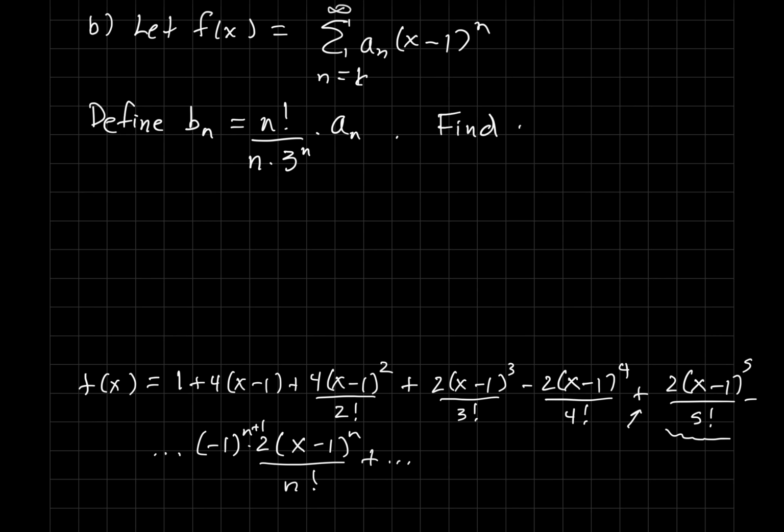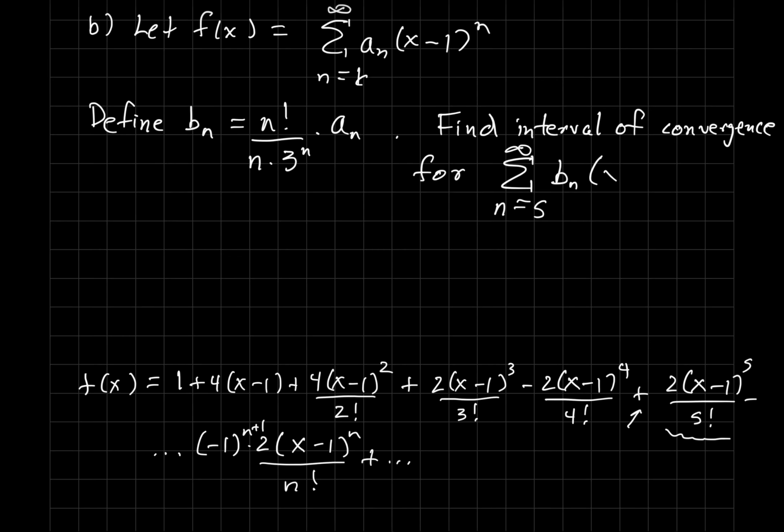Let's find the interval of convergence for the series, and we'll do n equals 5 to infinity, of b sub n times x minus 1 to the n.